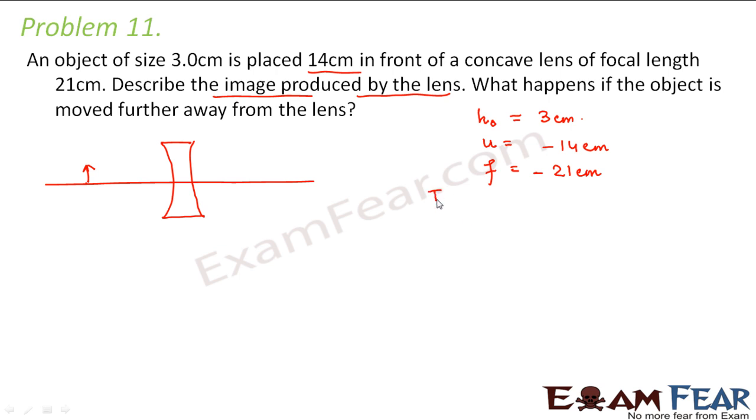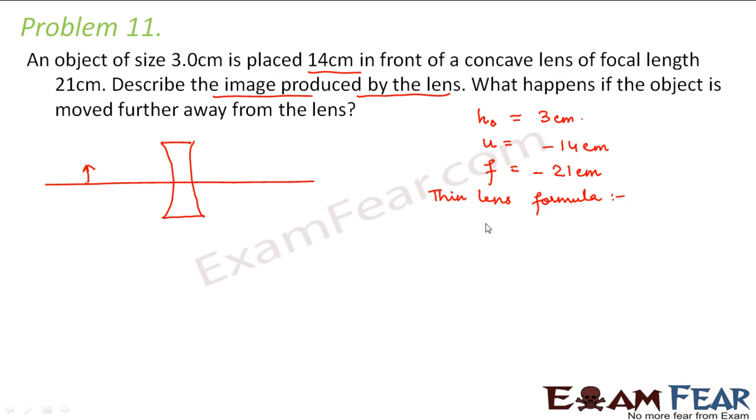Now applying the thin lens formula. Why are we applying the thin lens formula here? Because the problem doesn't talk about the radius of curvature of both the spherical surfaces. Since it is not talking about the radius of curvature, that means it is assuming that the lens is thin enough to ignore the different values of the radii of curvature.